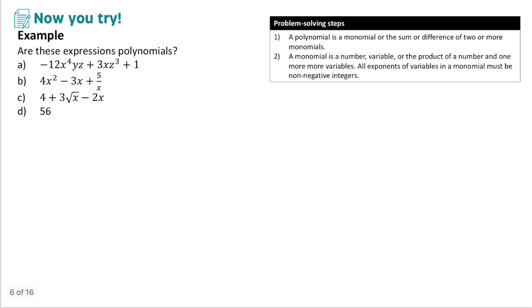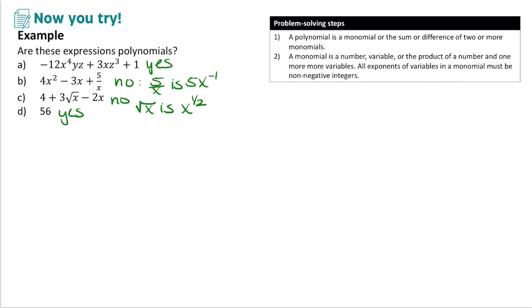So now you can go ahead and pause the video and try doing this example on your own. So in this example, it wants us to think about whether these expressions are polynomials. So notice the first expression is a polynomial because all of these are monomial terms, right? And they're just added together. The second expression is not a polynomial because this last term right here, this 5 over x, can be written as 5x to the negative 1, and it's not a monomial.